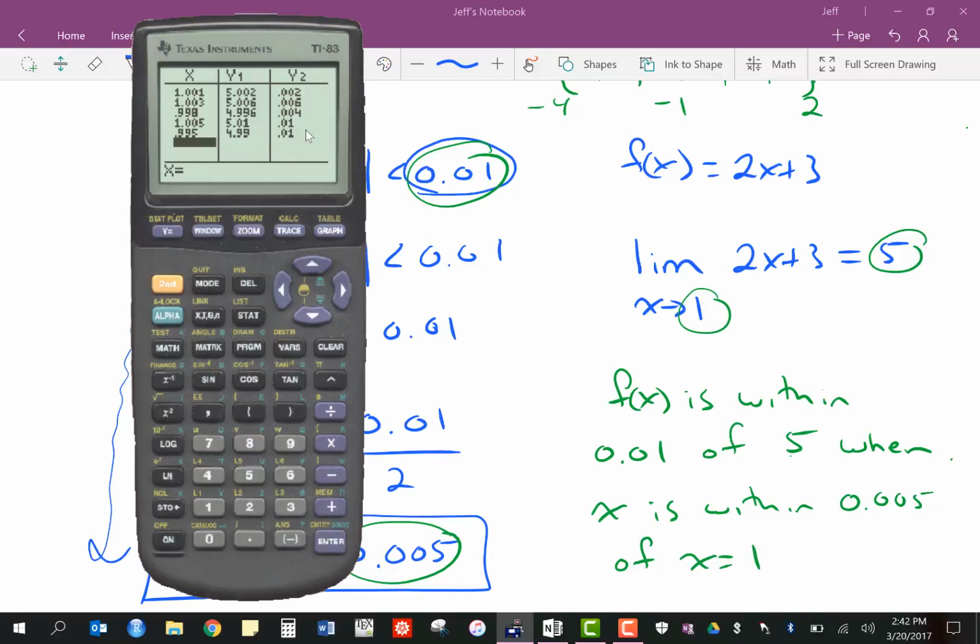So again, I go back to the beginning idea. What am I doing? I want to show you that we get really close to 5. So you tell me how close you want us to get. And in all of my examples, you've told me that you wanted to get within 0.01 of the value of the limit. And then I tell you how close the x values have to be in order to get the y values to be within that distance.